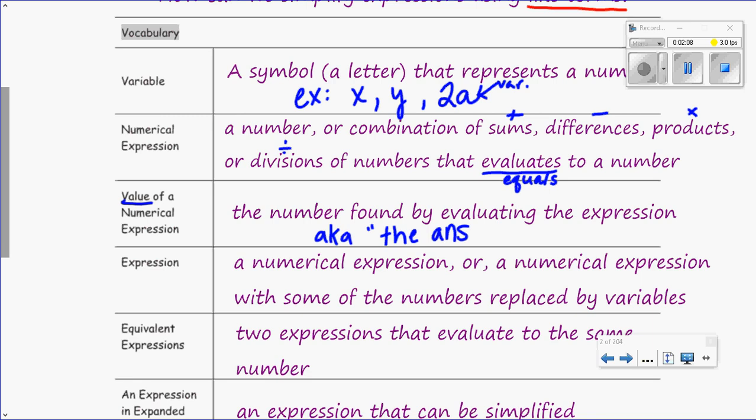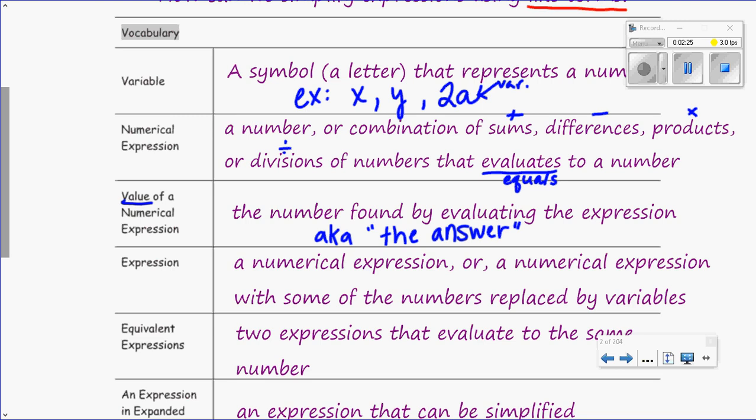Sometimes when you take tests, whether in class or on the MAP test or the PARCC test, you may see terminology like evaluate the expression, and you're like, oh my goodness, what does that mean? It just means solve it. So don't get tricked by the fancy wording here.